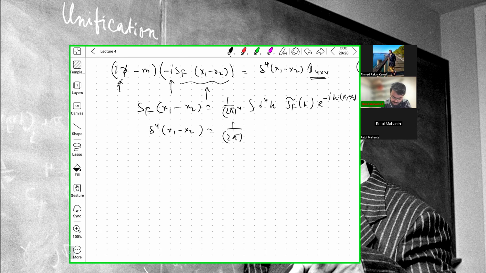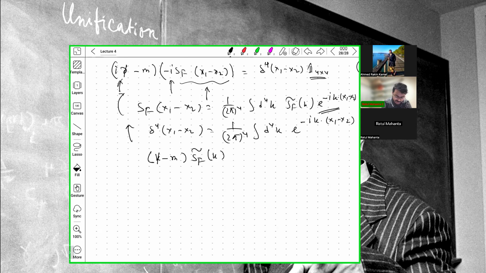This is d4k. If you plug this in, the differential operator will act directly on the exponential, and eventually what you are going to have is (k-slash minus m) S_F tilde, the Fourier transform of the 2-point function.